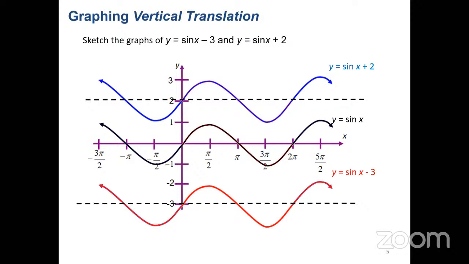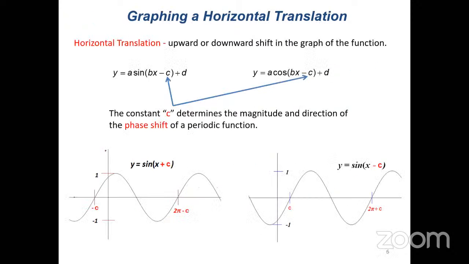I'll give you another minute to write this down, if you're writing this down. Okay. The C, it should be plus C or minus C. It's going to affect it. If it's plus C, it's going to go to the left.